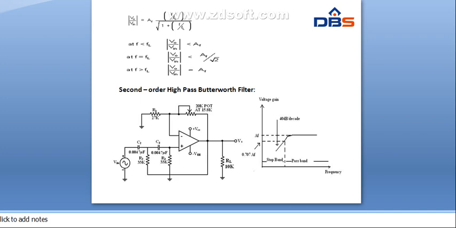The procedure is almost the same as in the low pass filter, but the R and C components are interchanged. It has two RC sections. The input is applied to the non-inverting terminal. Here the gain is 1 plus RF by R1. So see the stop band and pass band.